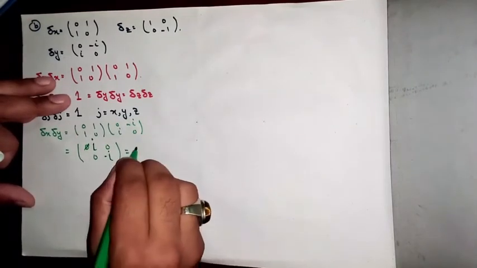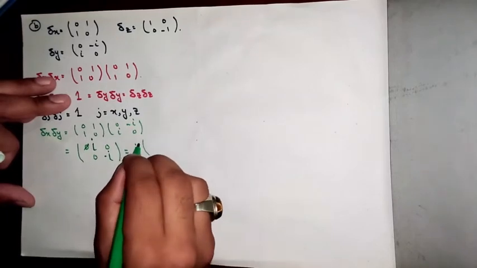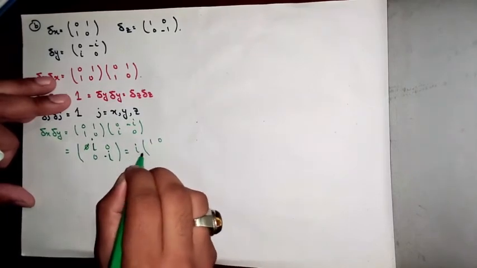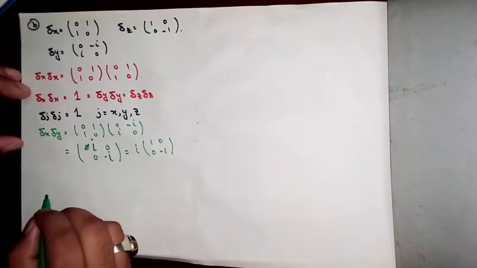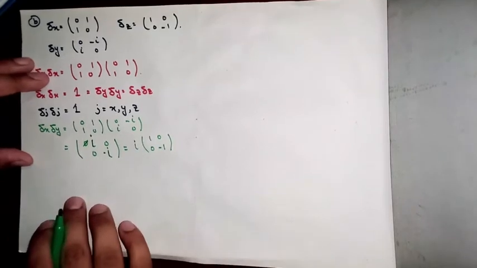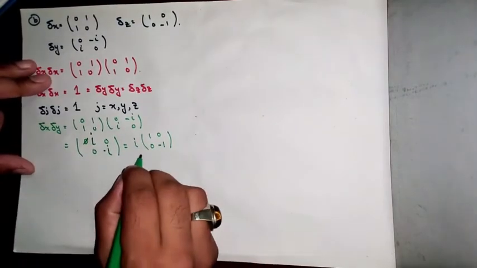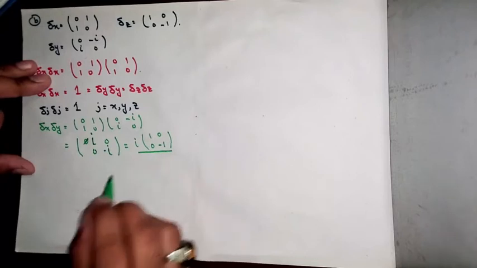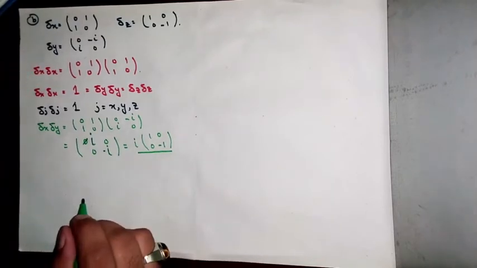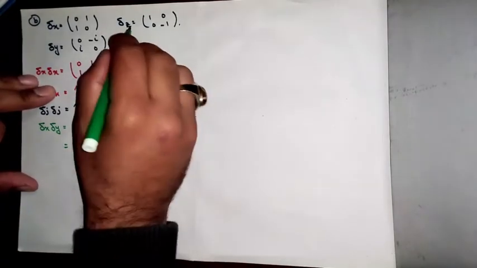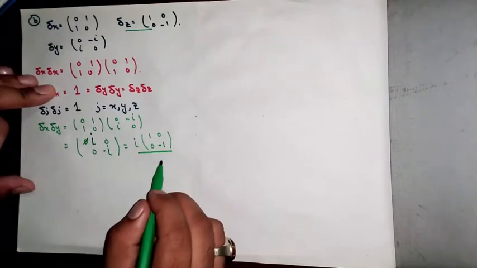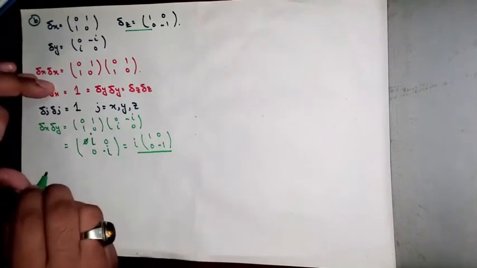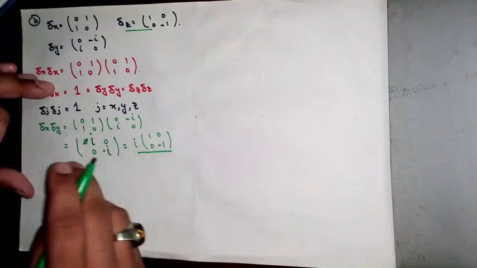If I take i common, we get 1 0, 0 minus 1. So here's the answer of sigma x and sigma y. Now we know that 1 0, 0 minus 1 is sigma z, as we already wrote. So I can simply put sigma z here instead of 1 0, 0 minus 1.